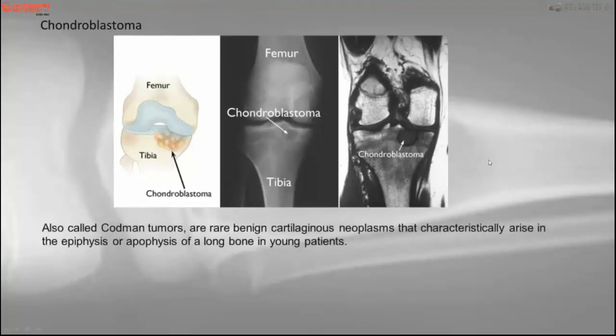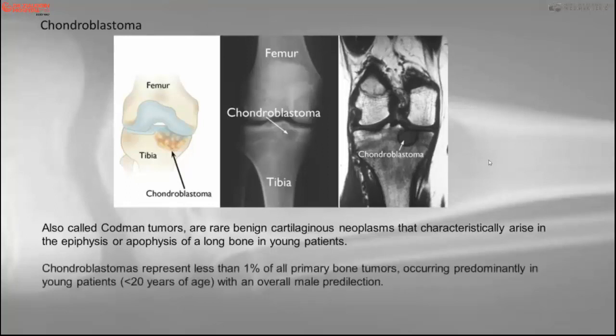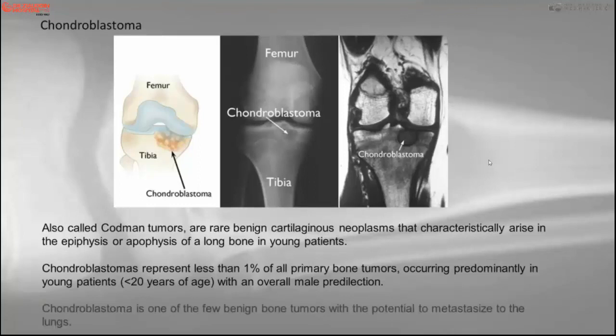So it is rarer and appears around the epiphysis or apophysis. One of the features is that it does have a more male predilection and is one of the locally metastasizing tumors. So it is the only benign tumor which can have the potential to metastasize.